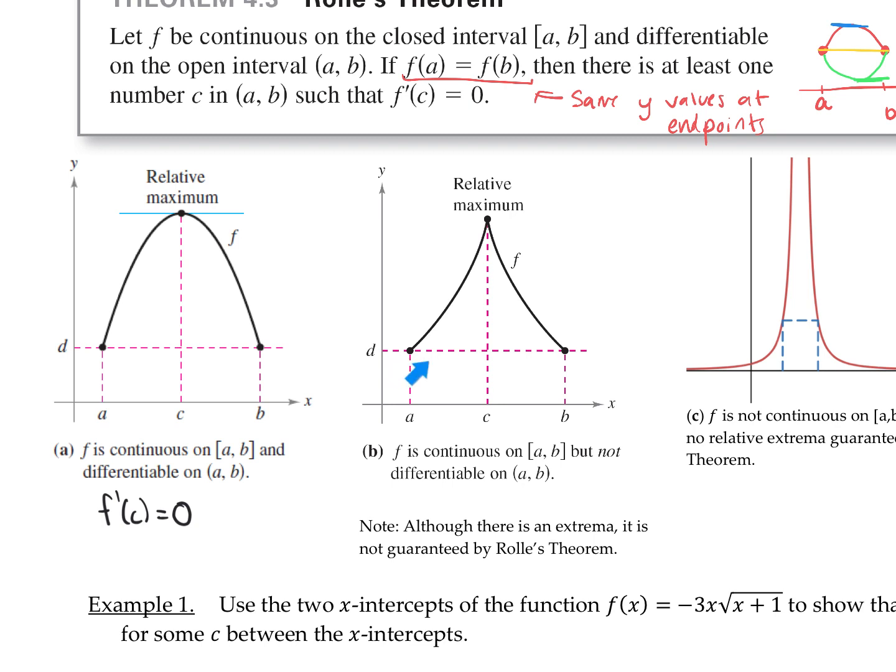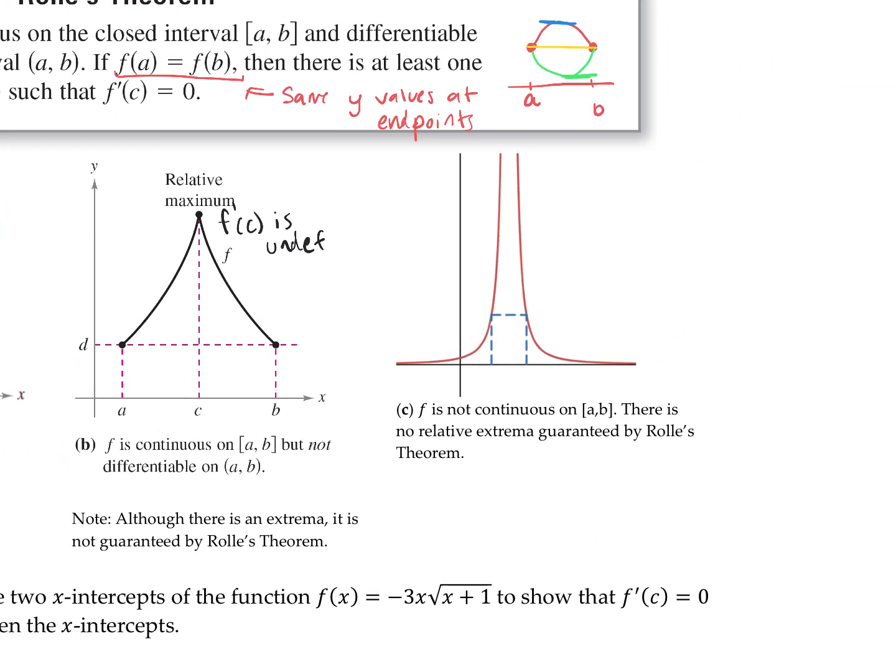Rolle's theorem would not apply to this function because even though the endpoints are the same, f of a equals f of b, my function is not differentiable there. There is a relative maximum there, but it is not one that's guaranteed by Rolle's theorem. Rolle's theorem says there's a place where the derivative is 0, and there's definitely not a place where the derivative is 0 there. In fact, f prime of c is undefined at that place.